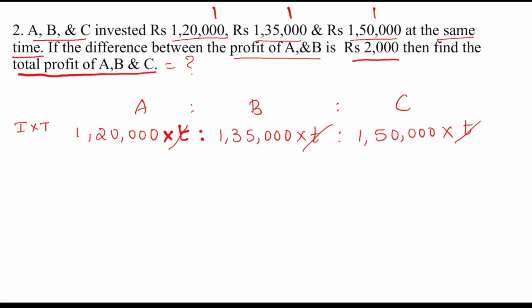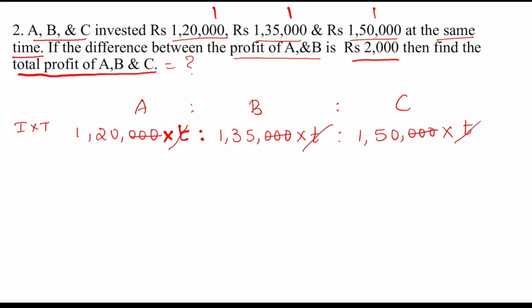So you can skip that step and directly just write the investment. Since T is common, T will get cancelled for all three. So don't write T, just skip that step and directly write the investment ratio. Okay, then 3 zeros are common in all the three, so the zeros cancel here.